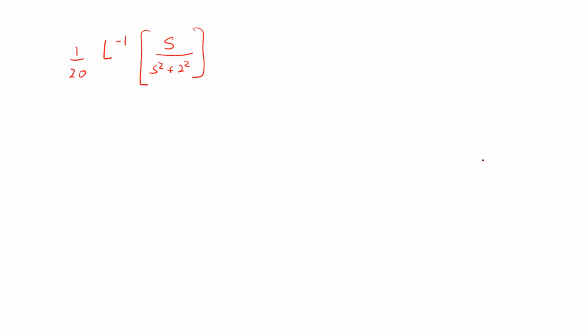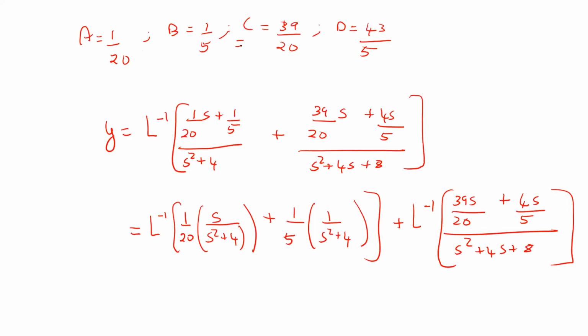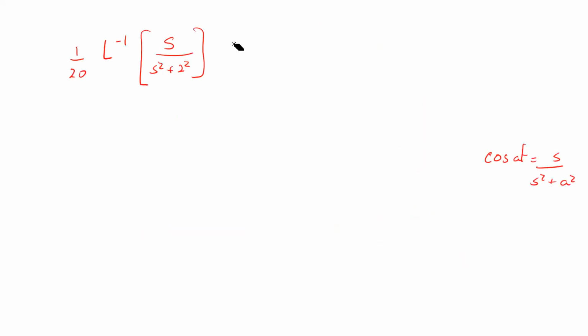The formula is cos at is equal to s by s square plus a square, so the inverse transformation will be cos at, and with a equal to 2 it will just be cos 2t. So this will be 1 by 20 cos 2t.